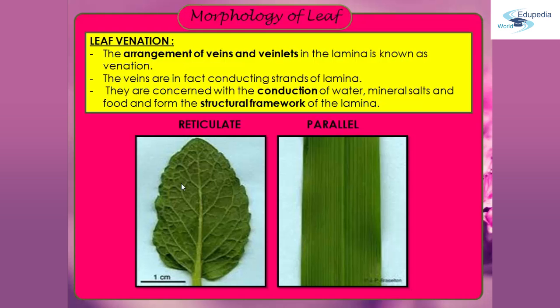Leaves of dicotyledonous plants generally possess reticulate venation, while parallel venation, as you can see, is characteristic of most monocots. Okay. So you can say that parallel venation is found in monocotyledons, and reticulate is found in dicotyledonous plants. Okay.